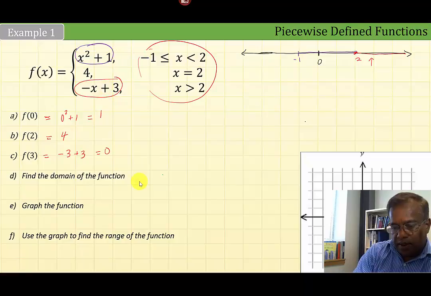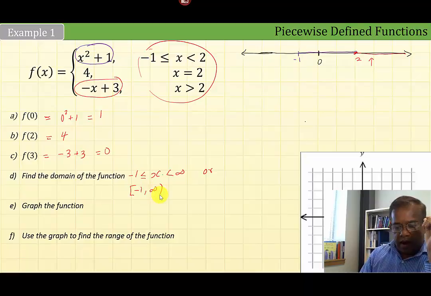So therefore the domain, you can write as an inequality, x is greater than or equal to -1 and less than infinity, or you could use the interval notation. It is -1 to infinity.